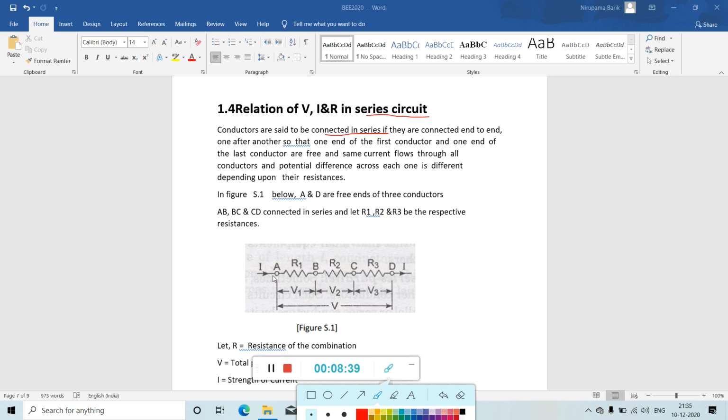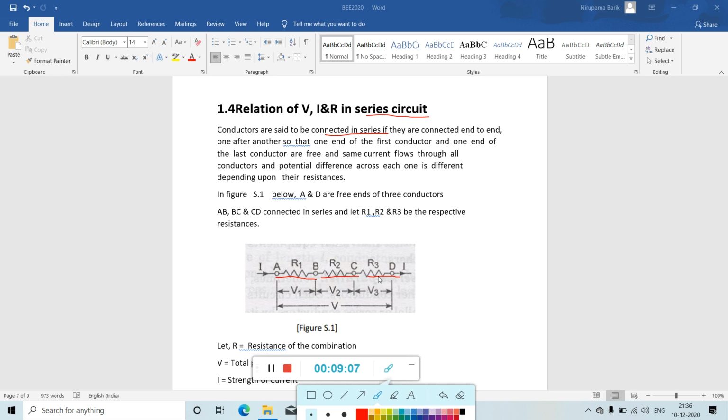See here, AB is one conductor, then BC is another conductor, then CD is another conductor. So one end of B is connected with one end of C. Then the other end of C is connected with one end of D, and the first end of A and the last end of D are free. So this is the series connection.